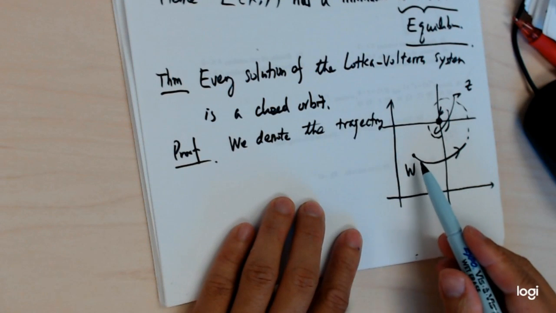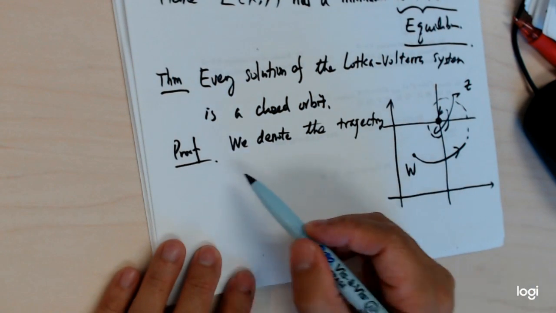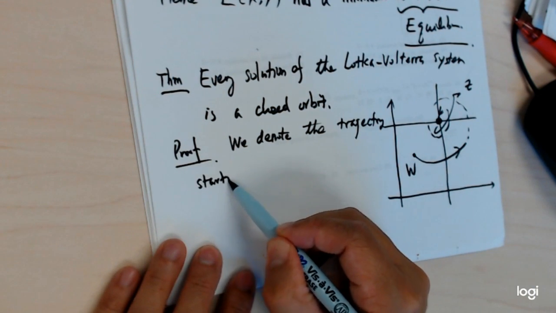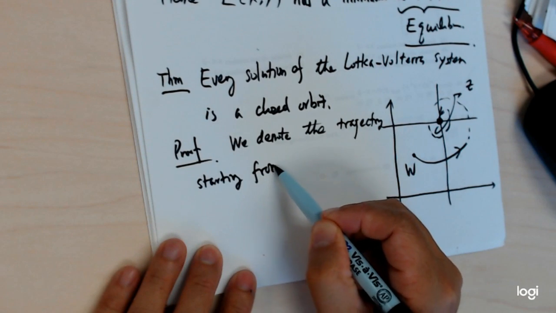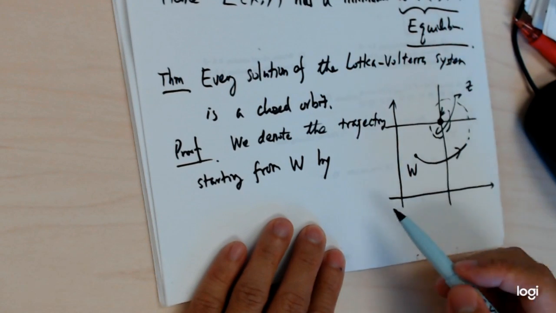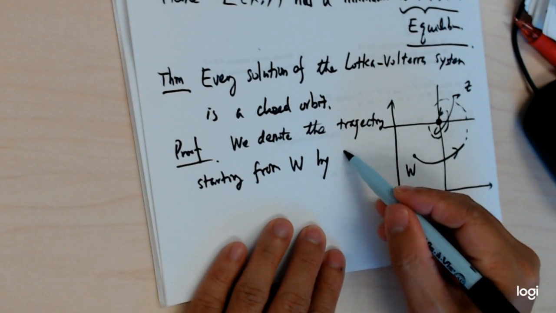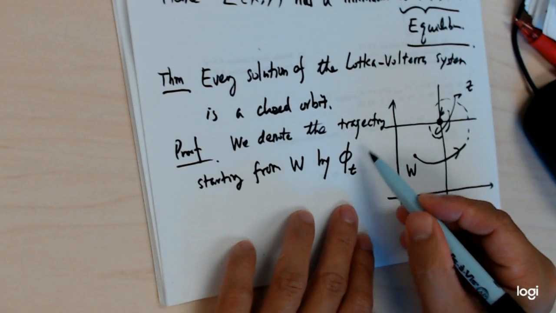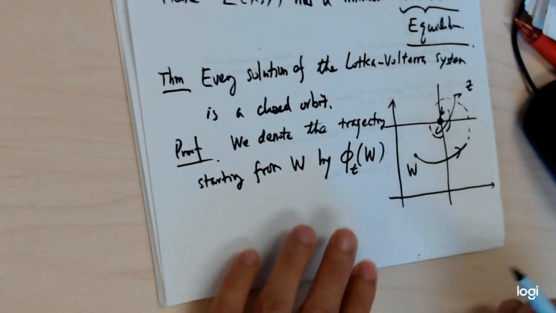So we denote the trajectory starting from W by a curve that depends on time, obviously, so we simply denote it by phi of t. It also depends on where you start.